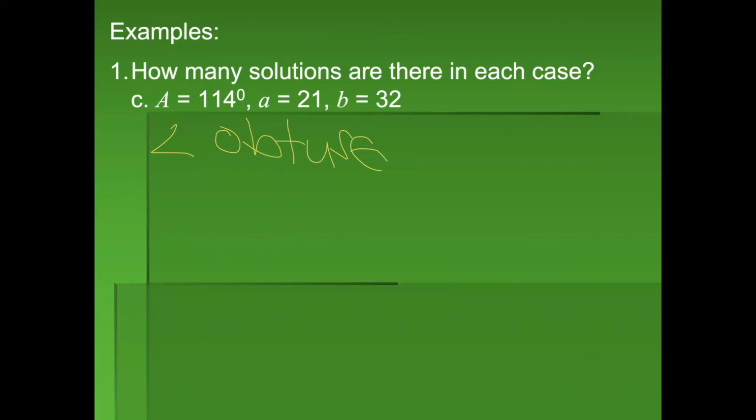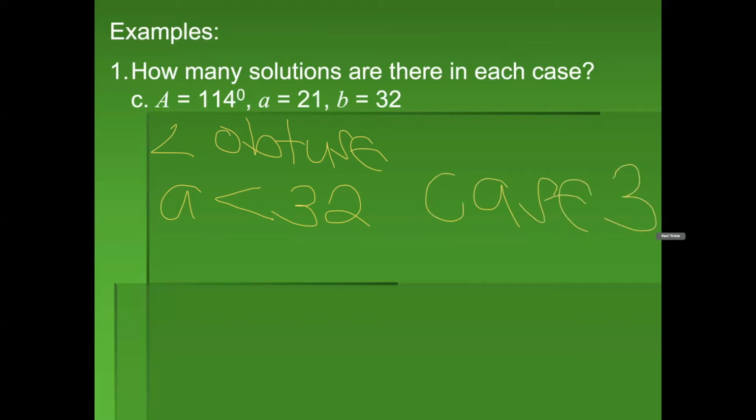So comparing the sides, we can say that side A is less than 32. Now, since the given angle is obtuse, we can already say that this belongs to case 3. Remember, for case 3, the given angle is obtuse or right. Here, the given is obtuse, therefore it belongs already to case 3.